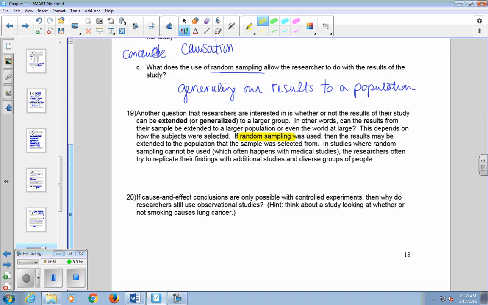And the simple answer is that we cannot randomize people to smoke, right? We can't make people smoke. So really there's ethical reasons for why we would need to use observational studies.